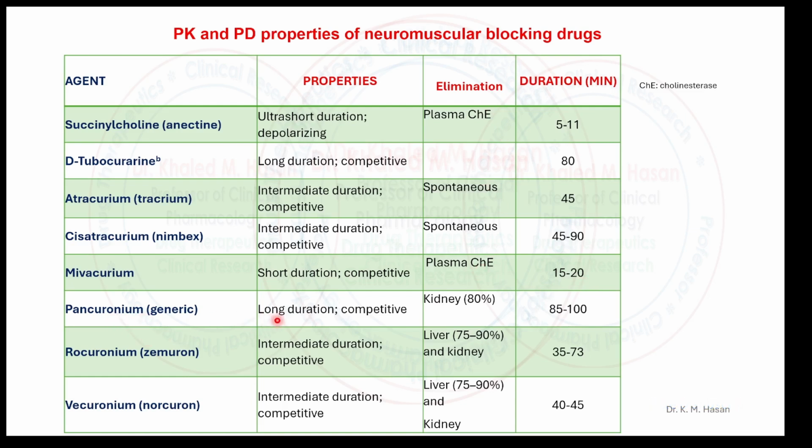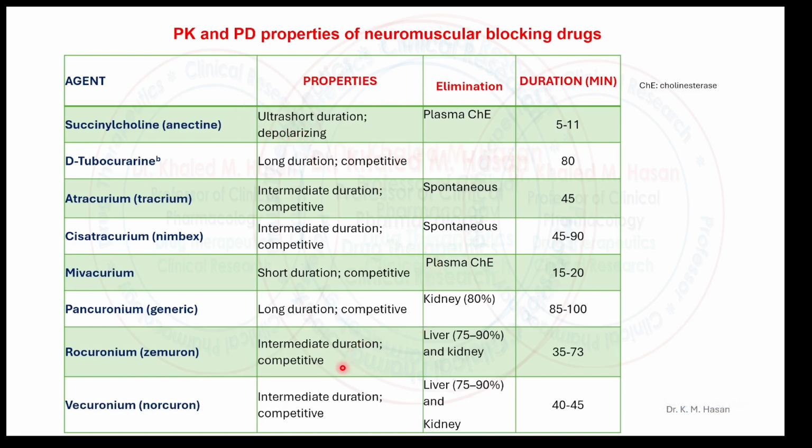Pancuronium, long duration of action, competitive. You can see here pancuronium is mainly metabolized in the liver, 80%, and the duration of action is 85 to 100 minutes. So in this slide, pancuronium is considered the longest neuromuscular blocker, 100 minutes. Okay, give me a medication considered ultra short duration of action: succinylcholine.